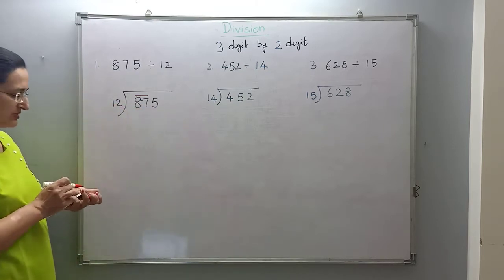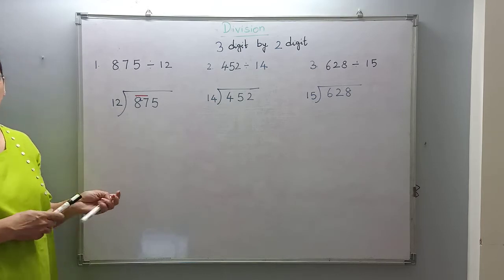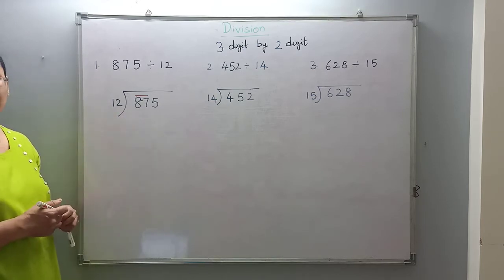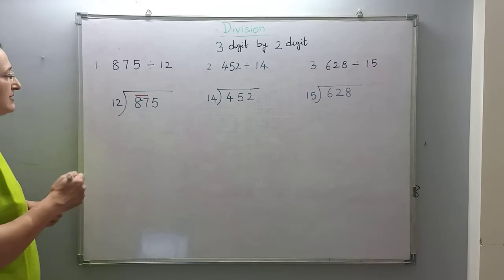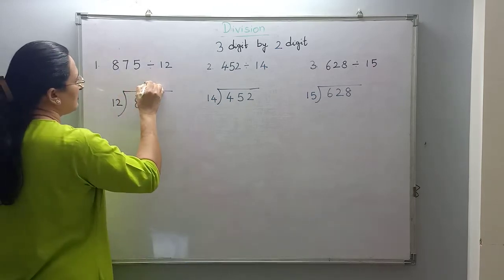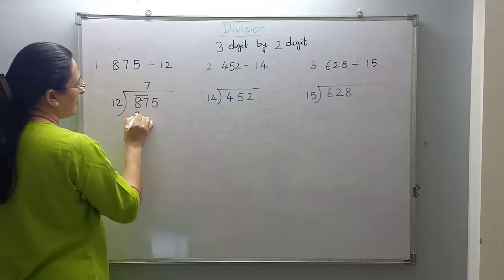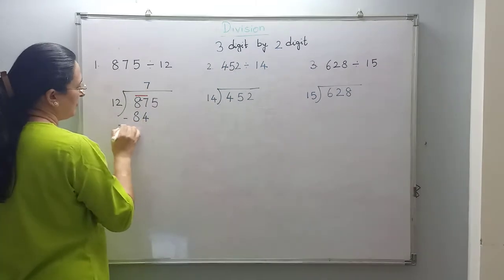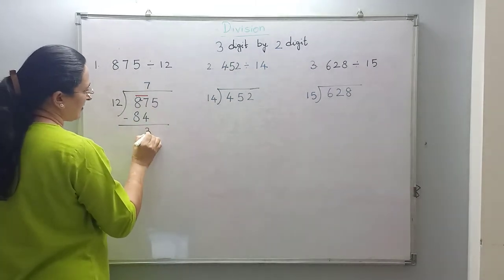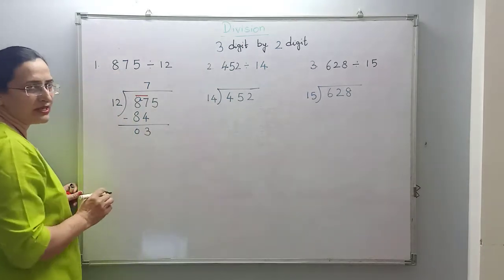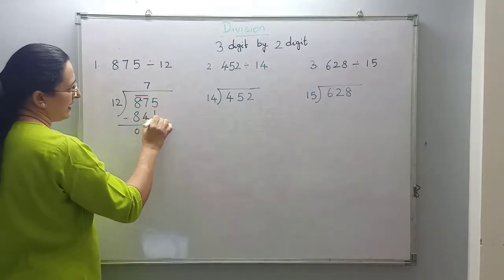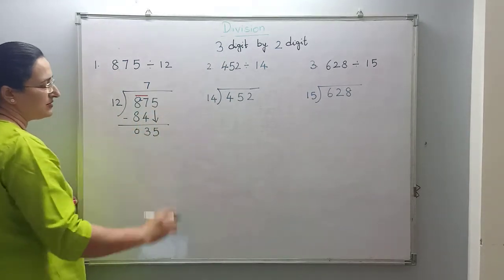Now 87 is not there in the table of 12, so we need to again find out a number which is closer to 87. So it is 12 sevens are 84, 3 remains. Now I can bring this 5 down.